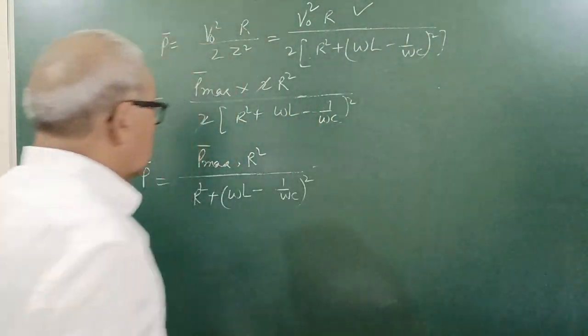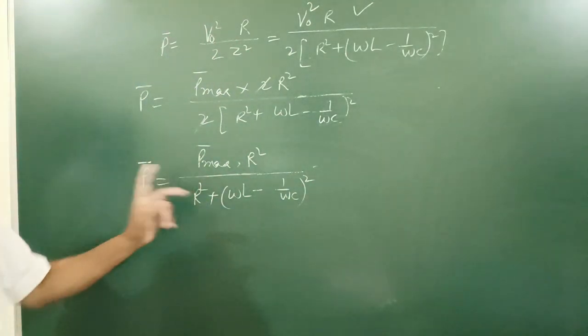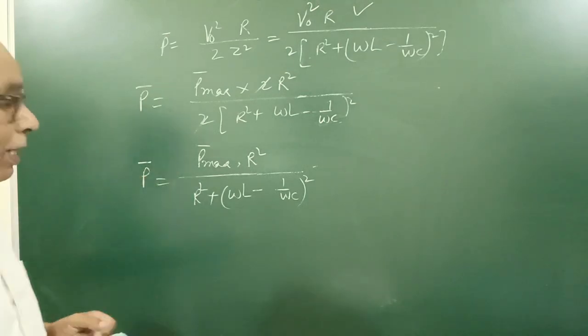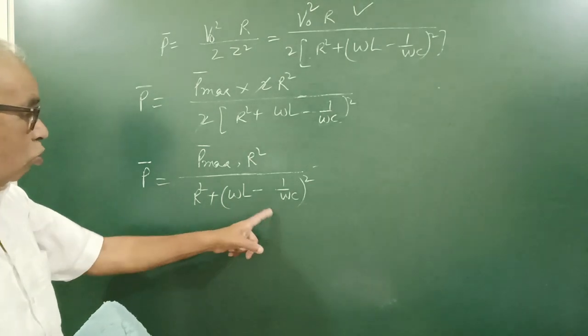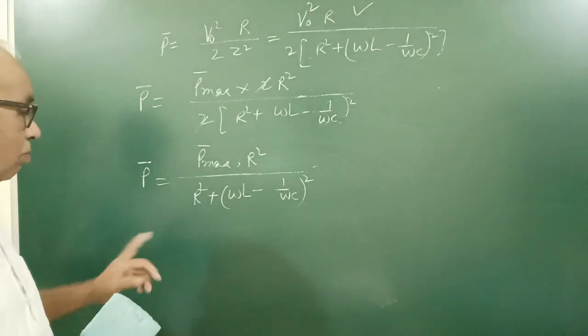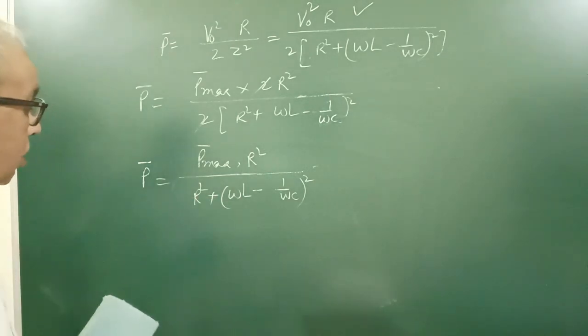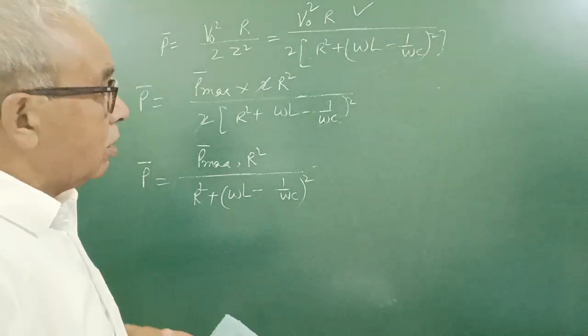This equation shows that this average power delivered to the circuit in one complete cycle varies with frequency omega. If omega is equal to omega r, P bar is equal to maximum. But if omega is less than omega r, it decreases, and if omega is greater than omega r, again it decreases.